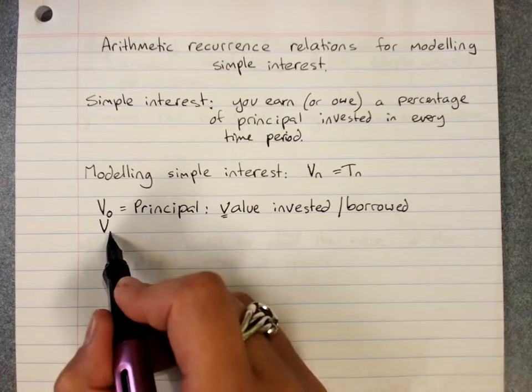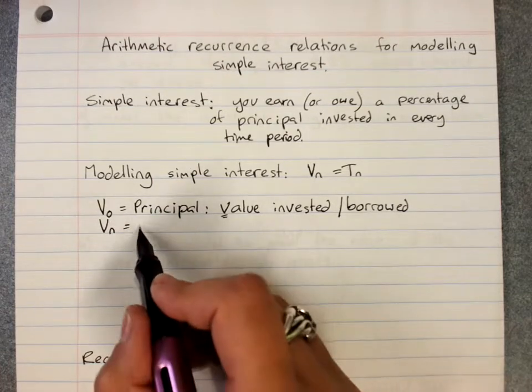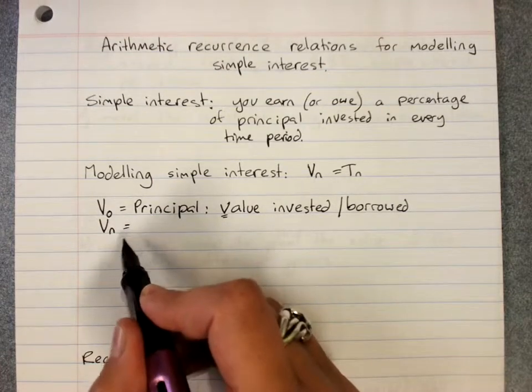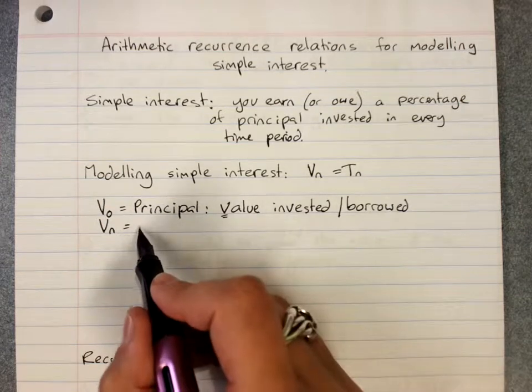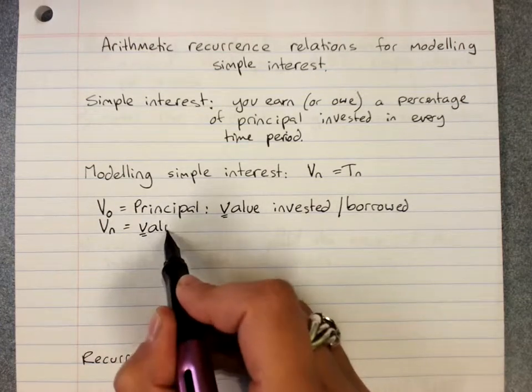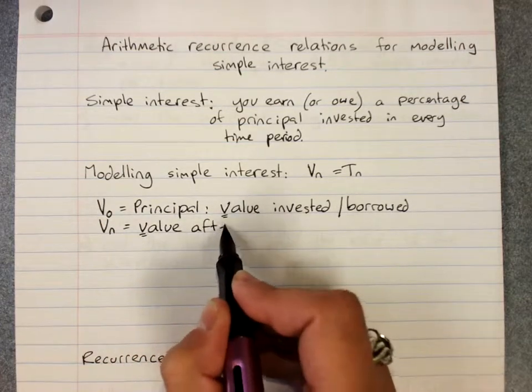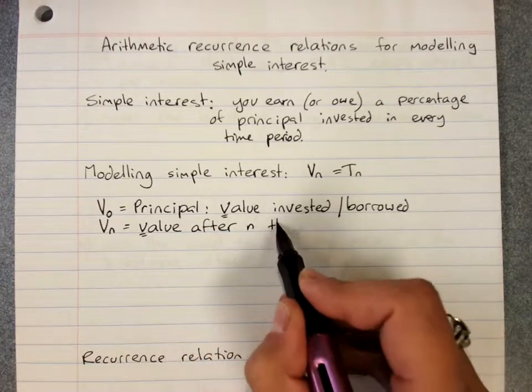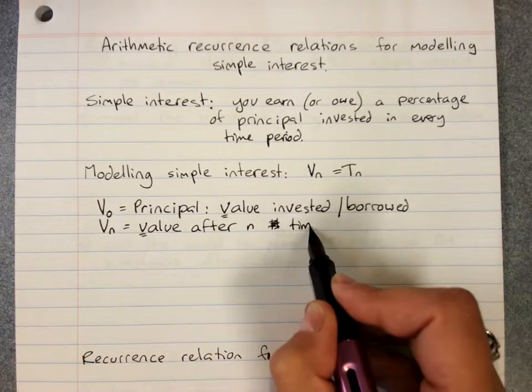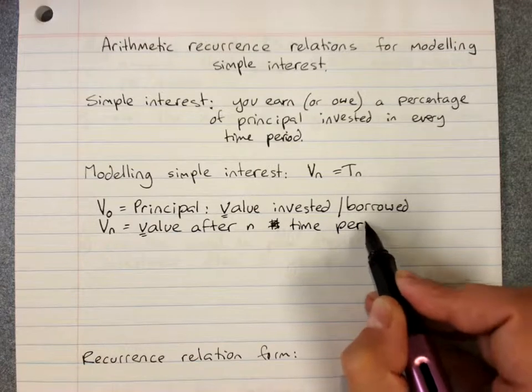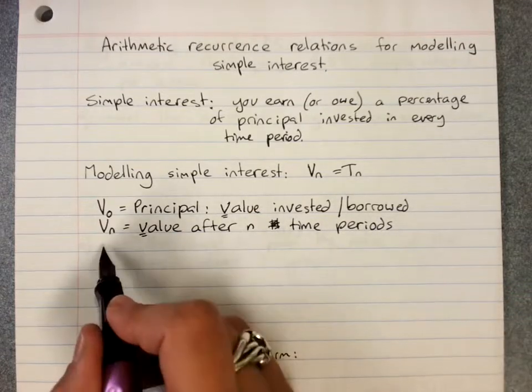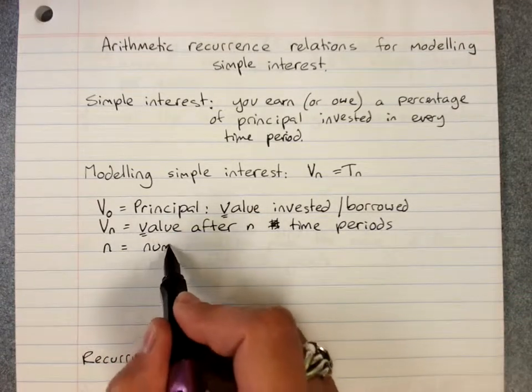Vn is the value after n time periods, usually years. N is the number of time periods.